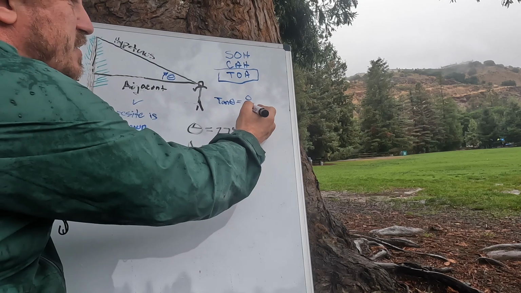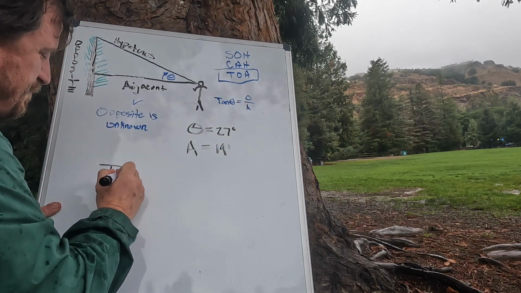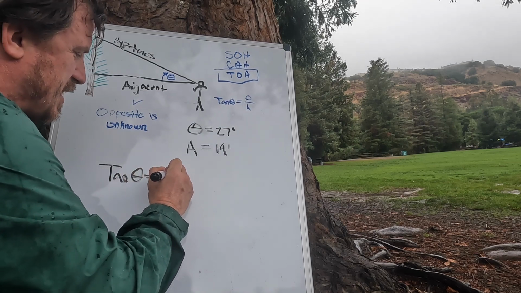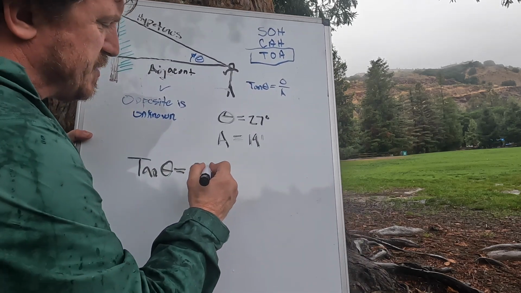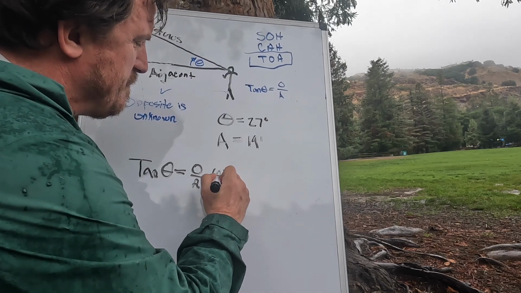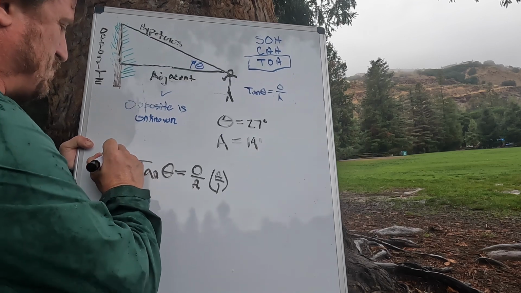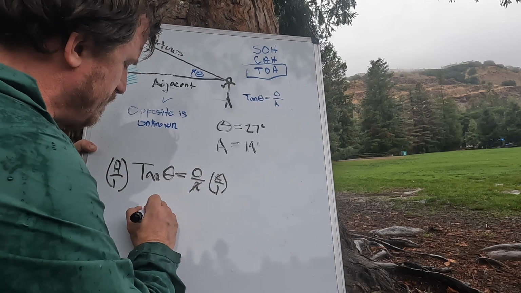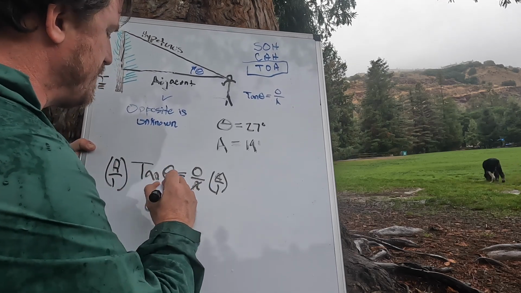So the way we're doing that is we're going to multiply each side by a, the adjacent. So that crosses out, and what we're solving becomes: the opposite equals the adjacent times tan theta.